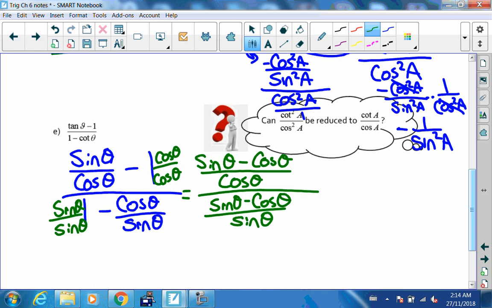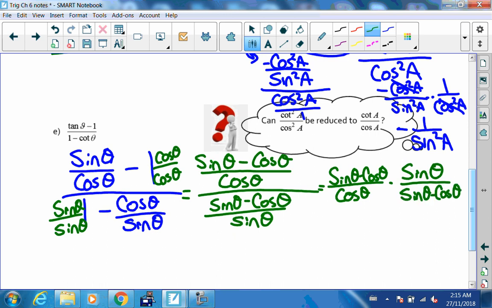Now, we could take these weird fraction things, and instead of dividing them, I could multiply by the reciprocal. So this is going to be sine theta minus cosine theta, all over cosine theta, times the reciprocal of that. So I'm going to flip it: sine theta over sine theta minus cos theta.